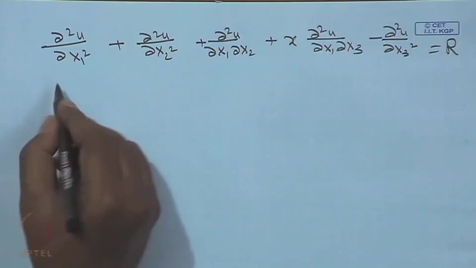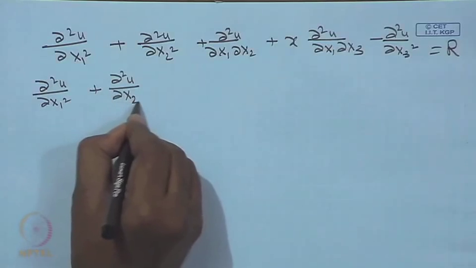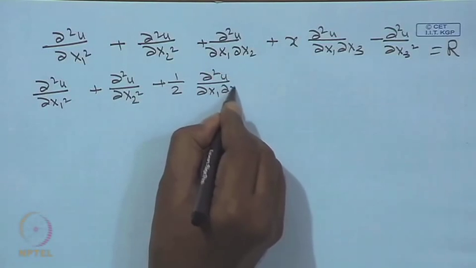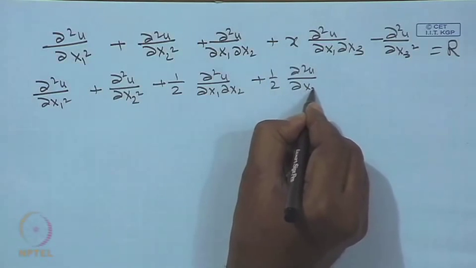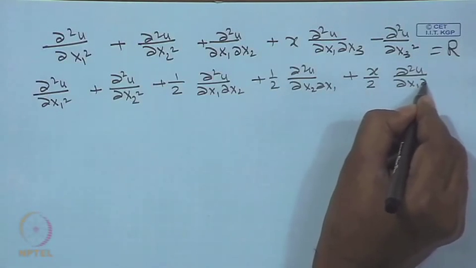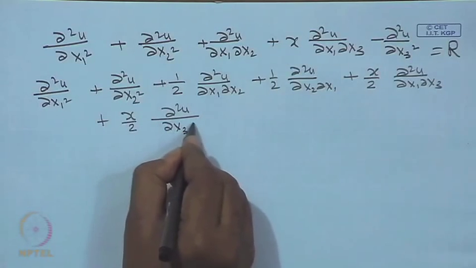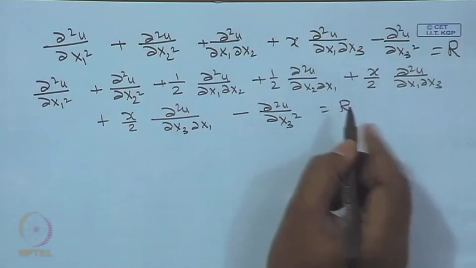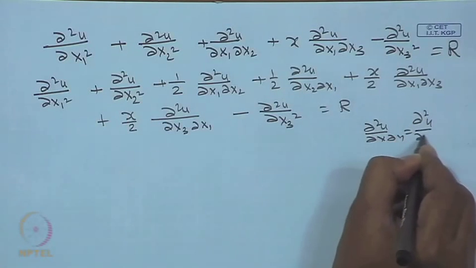So, we put it in this form: del square u del x 1 square plus del square u del x 2 square plus half del square u del x 1 del x 2 plus half, just break it into two parts, del square u del x 2 del x 1 plus x by 2 del square u del x 1 del x 3 plus x by 2 del square u del x 3 del x 1 minus del square u del x 3 square is equal to R. We utilize the concept that del square u del x del y is identical to del square u del y del x.